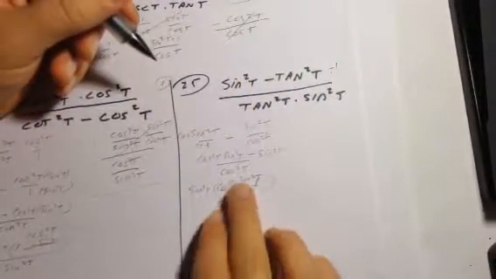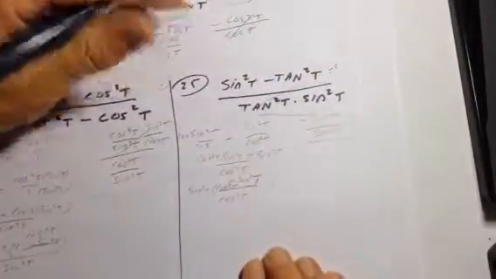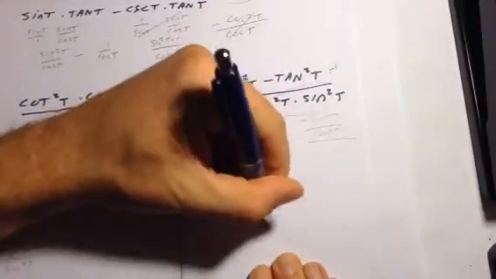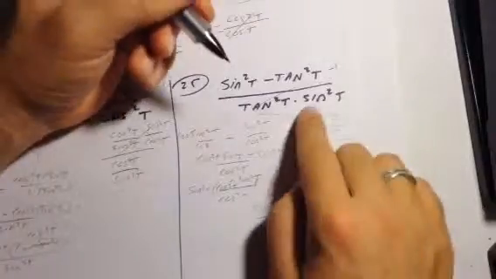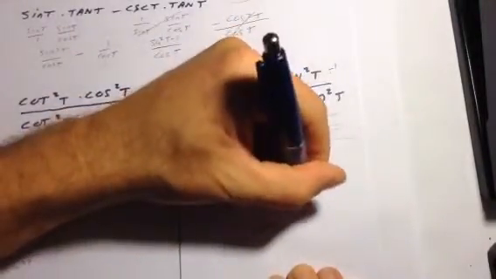So this gives us negative sine to the fourth t. So I get negative sine to the fourth t all over cosine squared t. And this is all over this result here, which I'll do out as what's tan? Sine squared t over cosine squared t times sine squared t over 1.